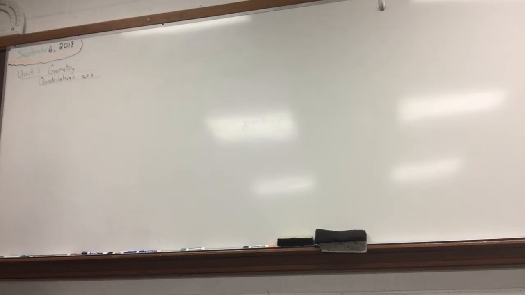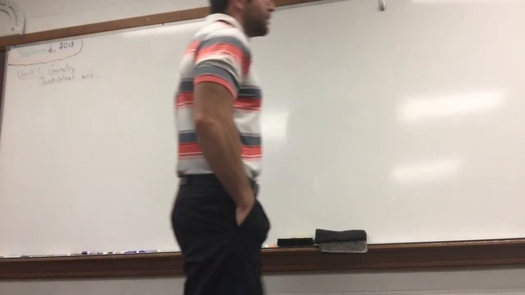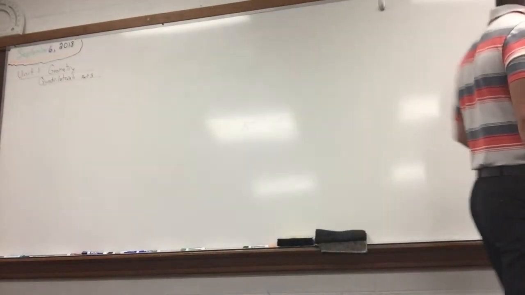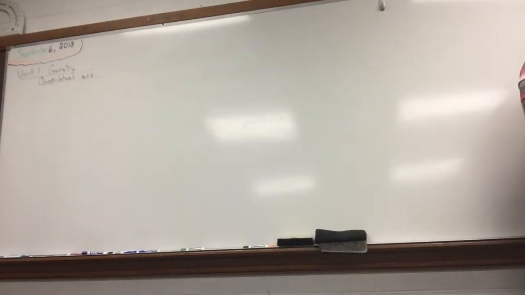So, notice what we added on the flow chart. We have 2 more boxes leading up to parallelogram. A rectangle is always a parallelogram. A rhombus is always a parallelogram. Is a parallelogram always a rectangle? No. Is a parallelogram always a rhombus? Sometimes, but not always.